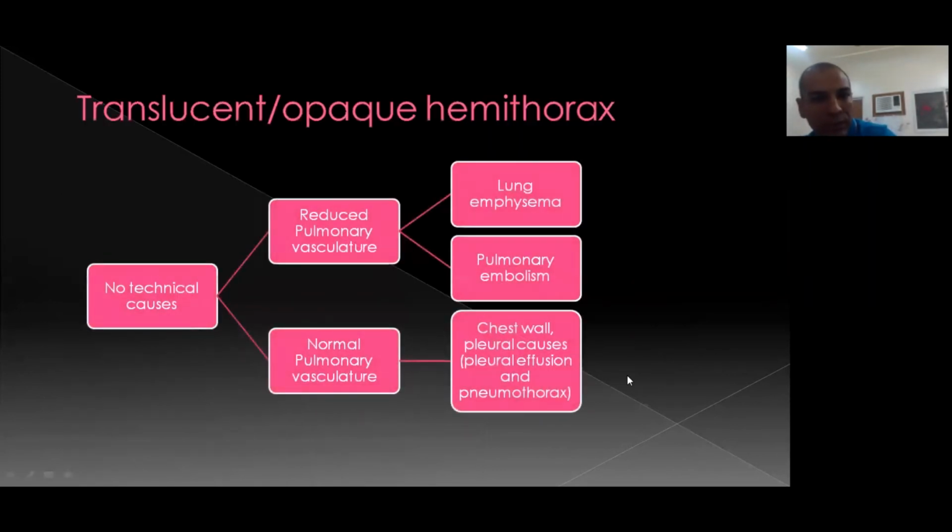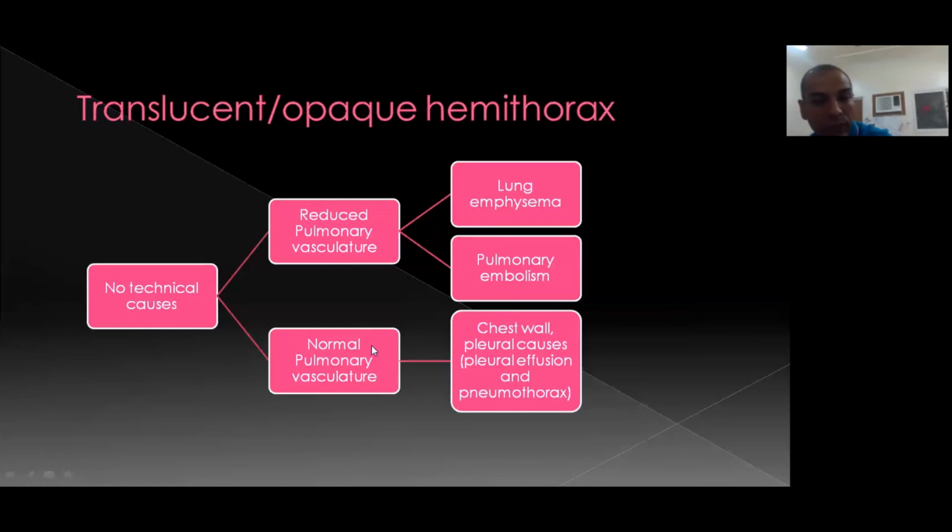On the opposite side, if we have a translucent hemithorax, we should first exclude any technical causes. Then we should look at the pulmonary vasculature, whether it is normal or reduced. If it is reduced, we have two differential diagnoses: maybe lung emphysema or pulmonary embolism.